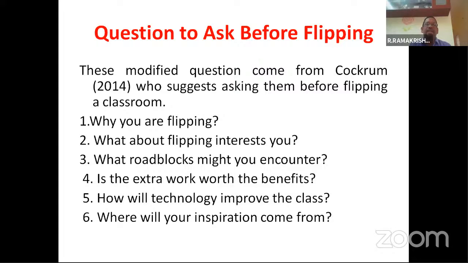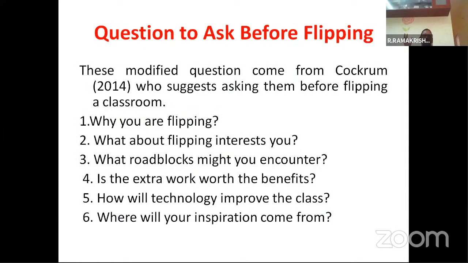Then what about flipping interests you? What roadblocks might you encounter? Is the extra work worth the benefits? How will technology improve the class? Where will your inspiration come from? These kinds of questions have to be asked by yourself before implementing the classroom.